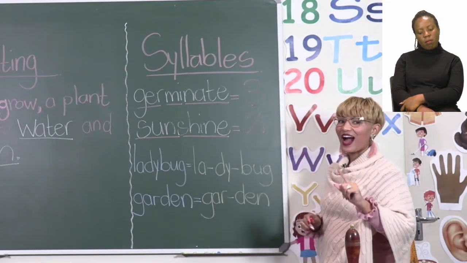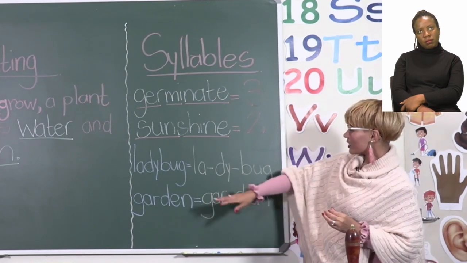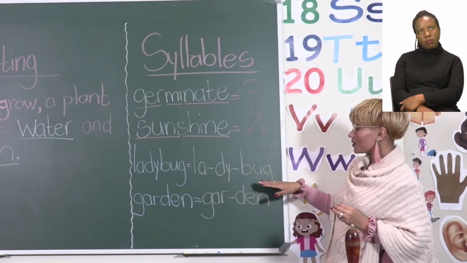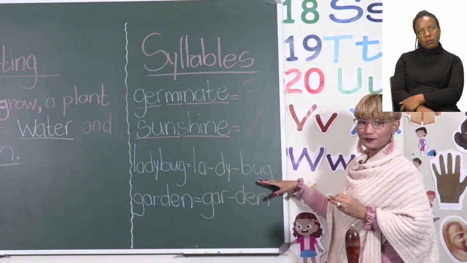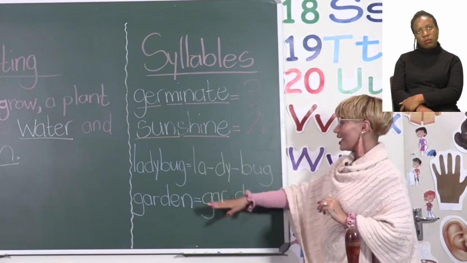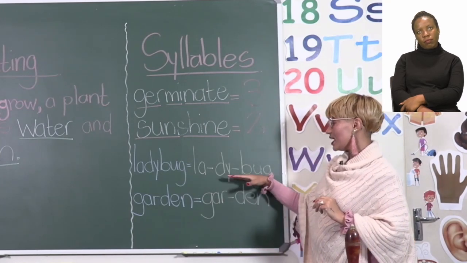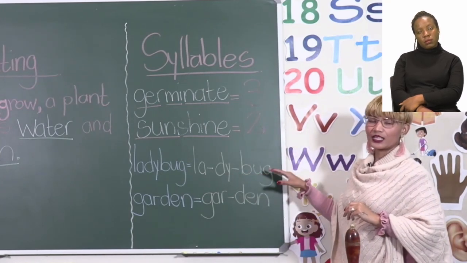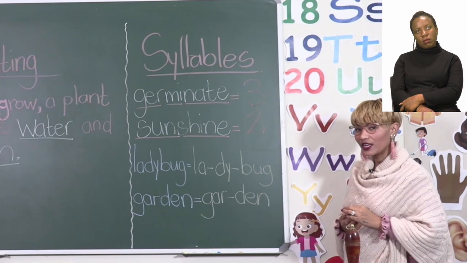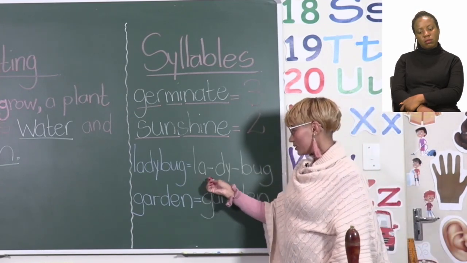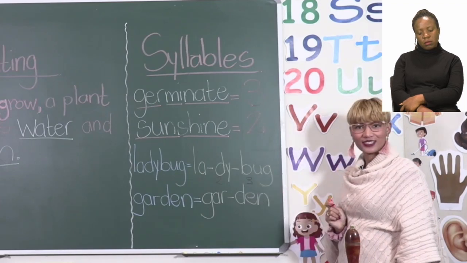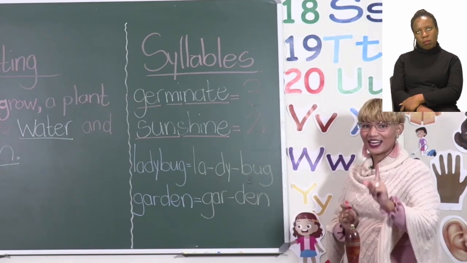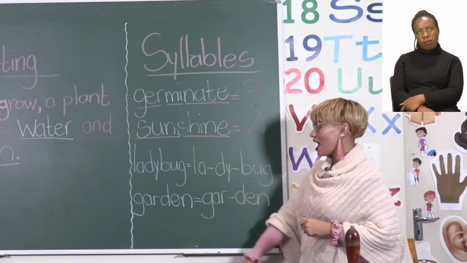And this is how I have broken it into its syllables. Ladybug. Can you say it with me? Ladybug. So how many syllables do we have here? 1, 2, 3 syllables.